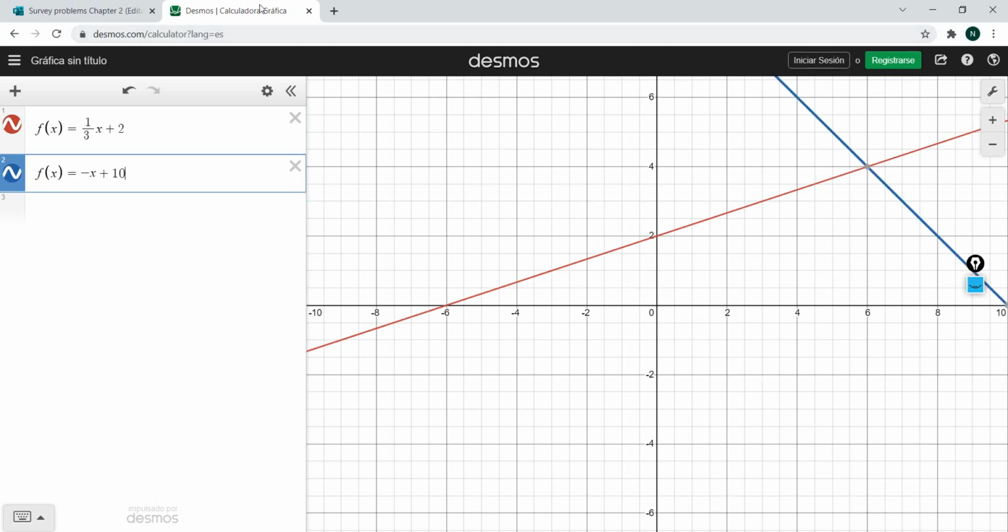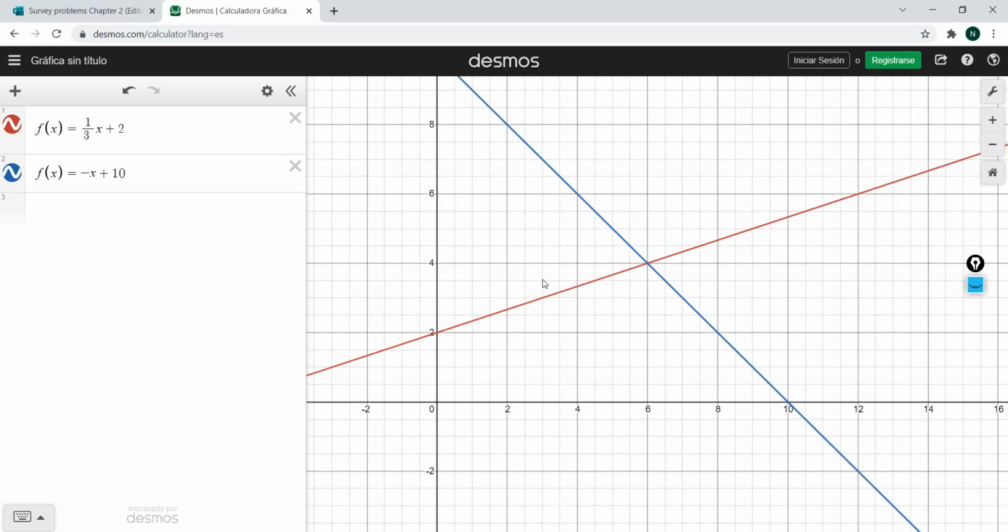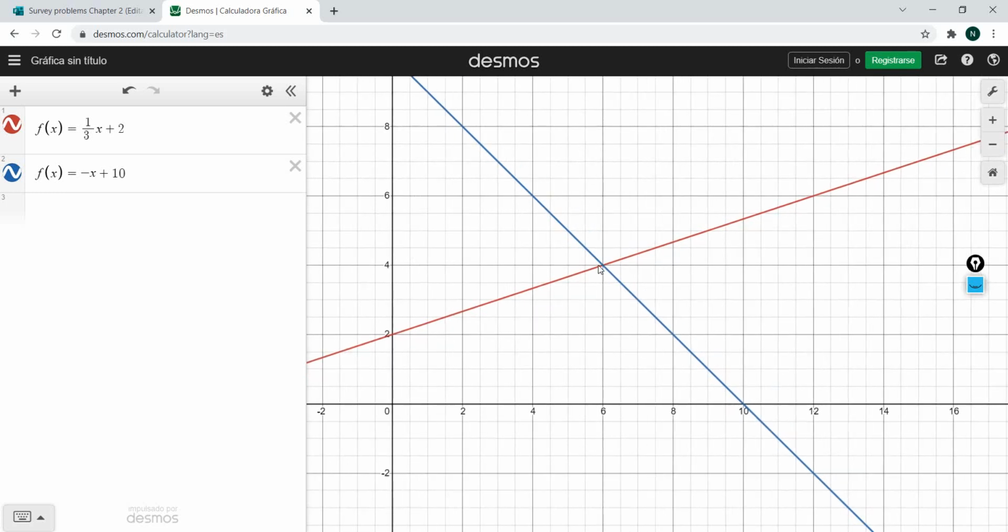Okay, so look at this, guys. They intersect at this point, and remember, we only go from 0 to 10. Okay, I think we can, from 0 to 6. There you go.